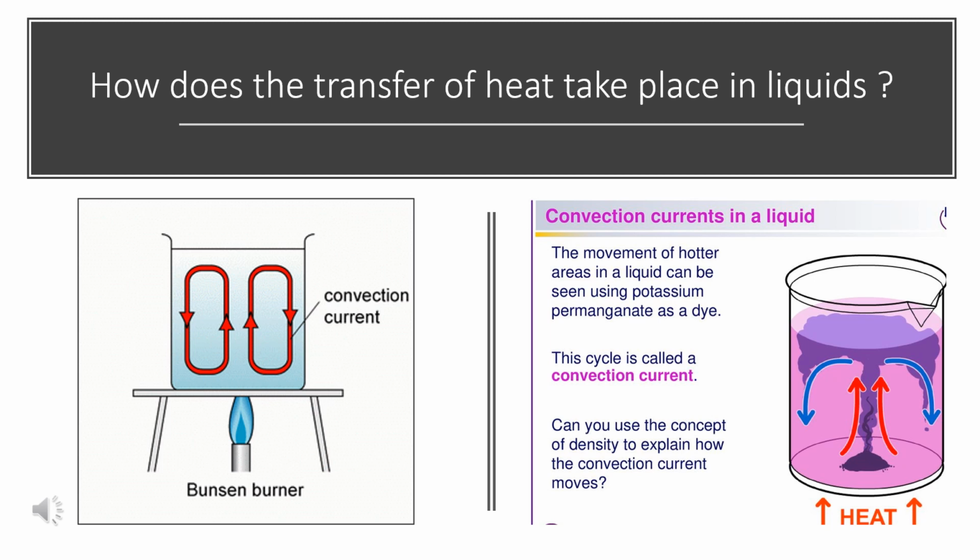But the colder particles at the top of the liquid have become heavier, so they come down, again they get heated up, and they go up. Like this, the density is changing, and because of this, convection of heat takes place, or the convection currents are formed. So this was convection, which is seen in liquids, and even convection requires a medium.